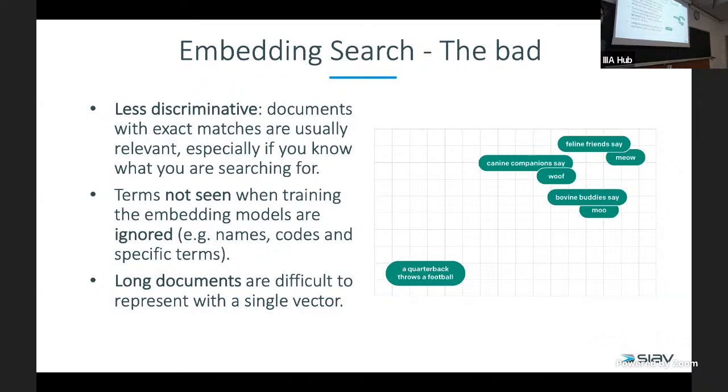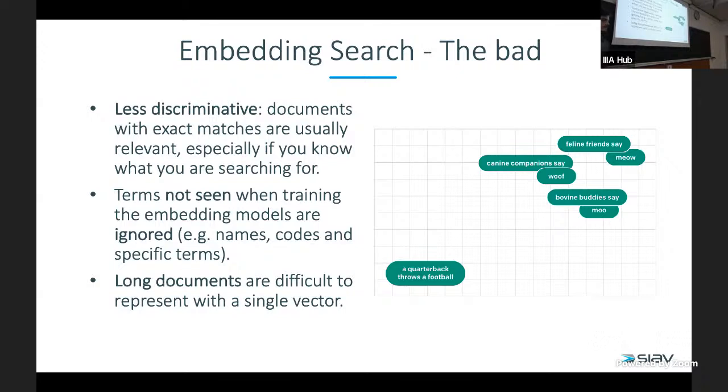But if you know what you're searching for, and you just want documents which match your query words and the same context as your query, you will likely not get this result with just an embedding search, because it's not taking into account the exact matches of the words. So this is the first issue to take into account.